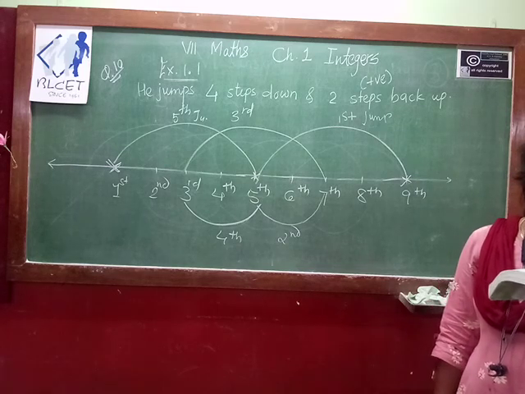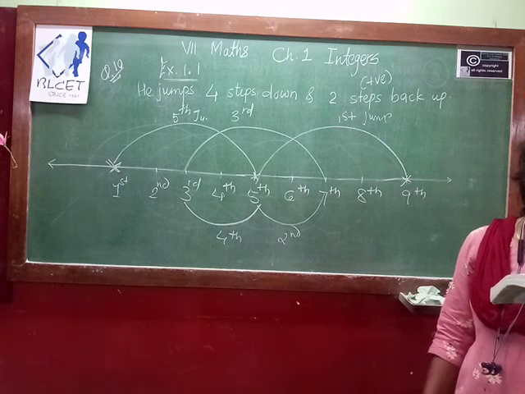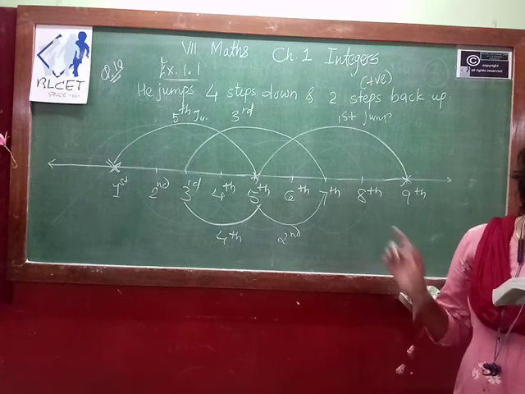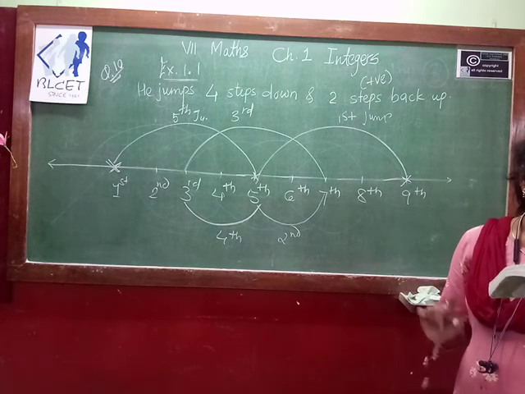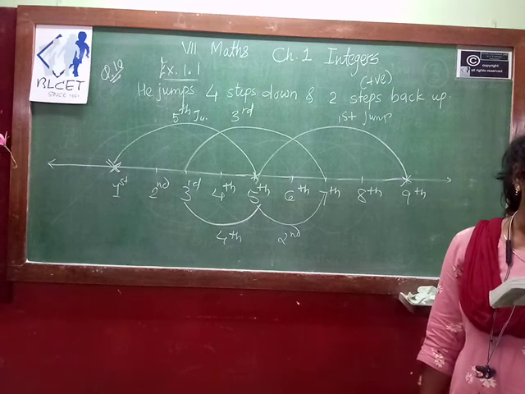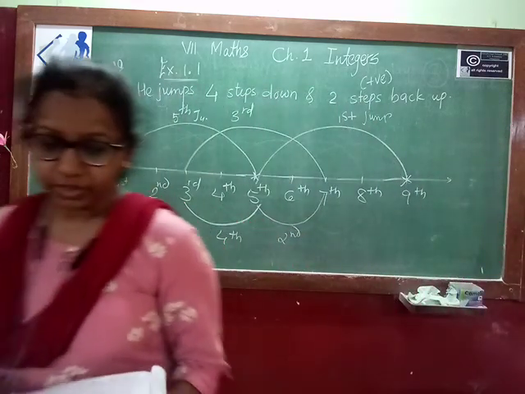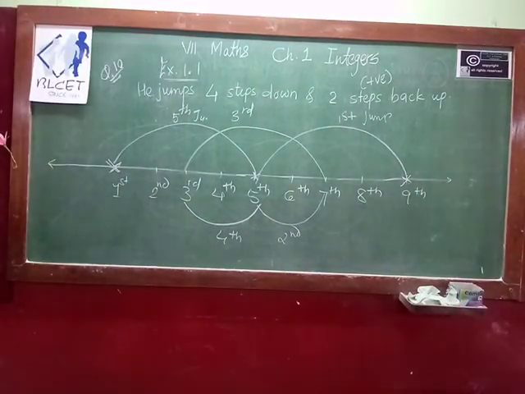If the number of steps moved down is represented by negative integers and the number of steps moved up by positive integers, represent his moves in parts 1 and 2 by completing the following. A. Let's see what equations we are getting from this.